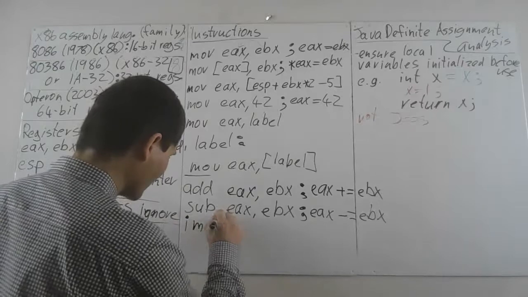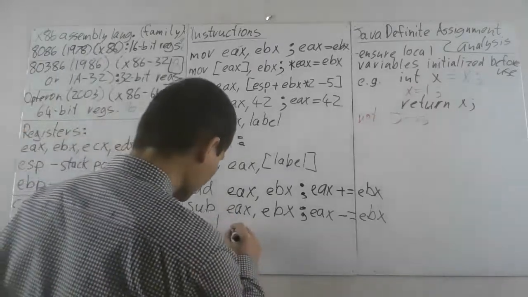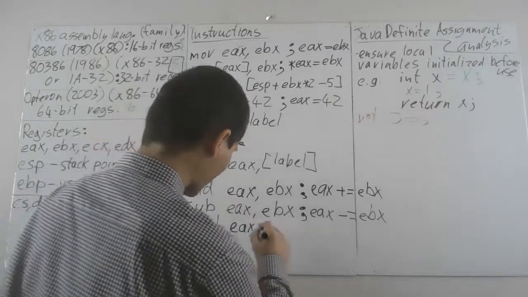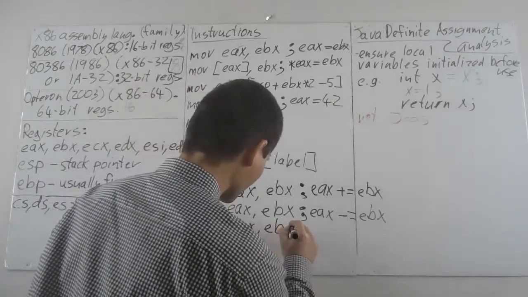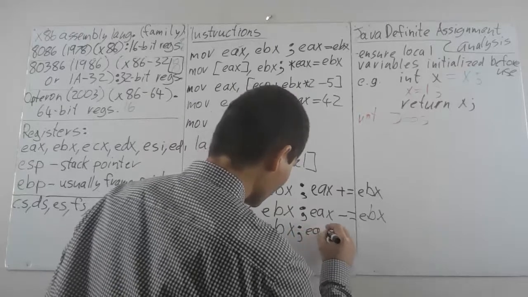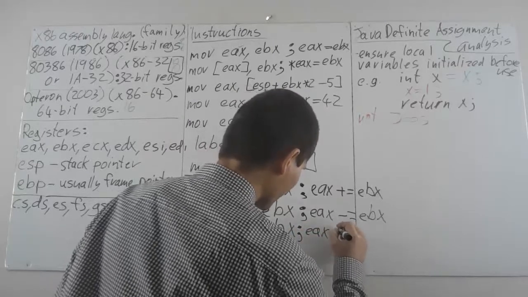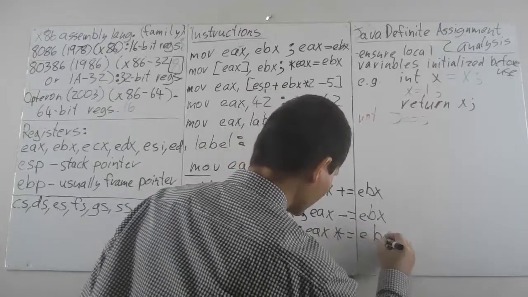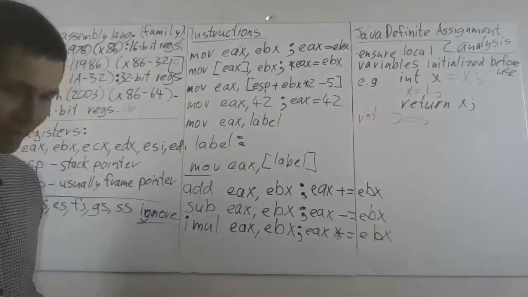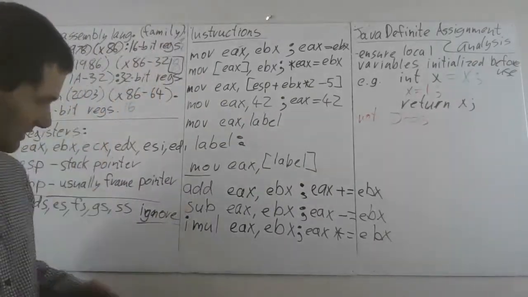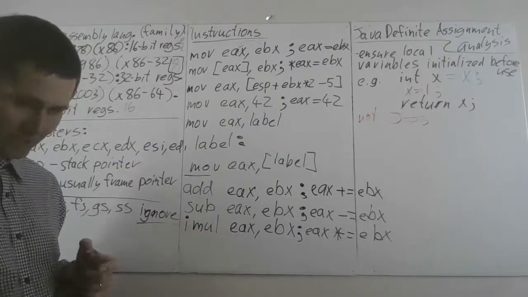And then there's a multiply instruction, which again, back in the 70s and 80s, lots of processors didn't have multiply instructions. So you had to build a multiply with a for loop implemented in assembly language. That was lots of fun. But you're in luck. In 32-bit x86, you get a multiply instruction.